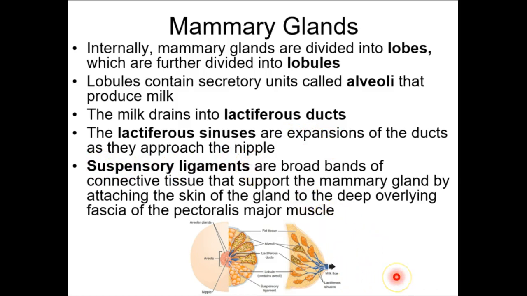And those suspensory ligaments are use it or lose it. Studies show that women who do not wear bras, on average, have nipples that are about an inch higher compared to women who do wear bras.